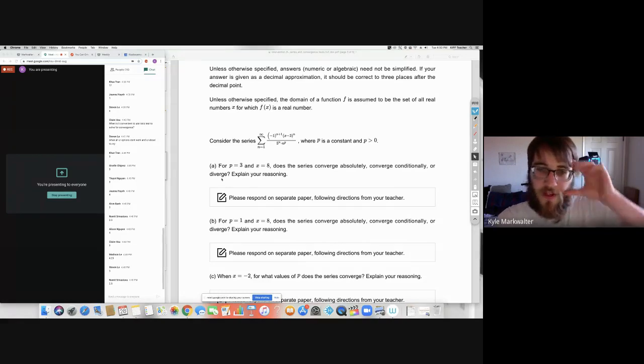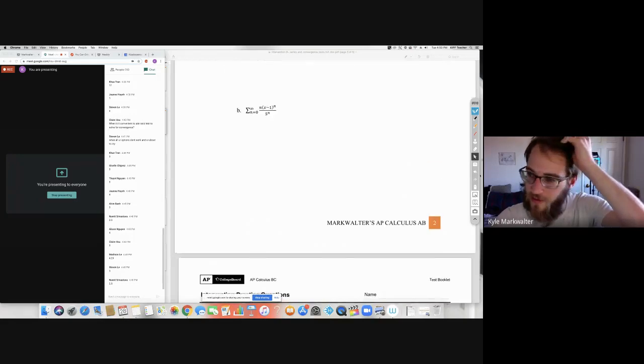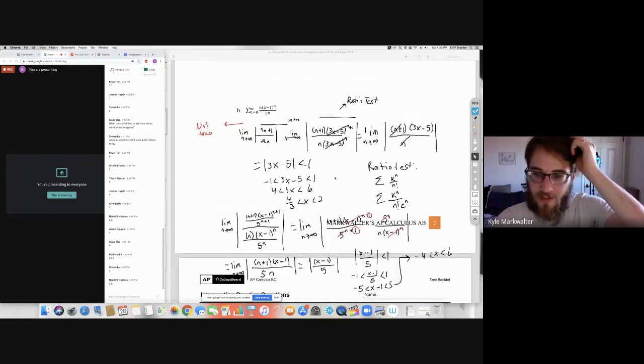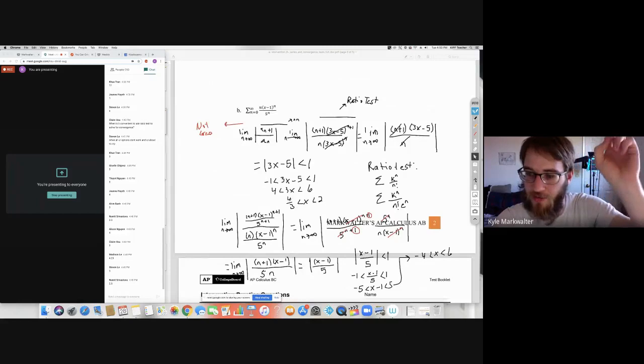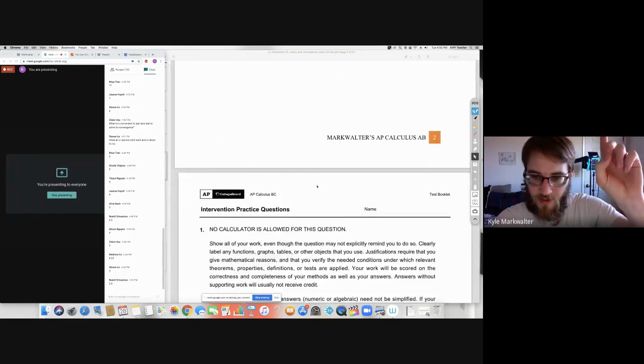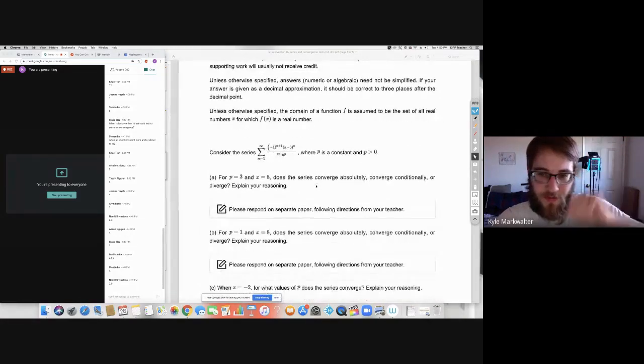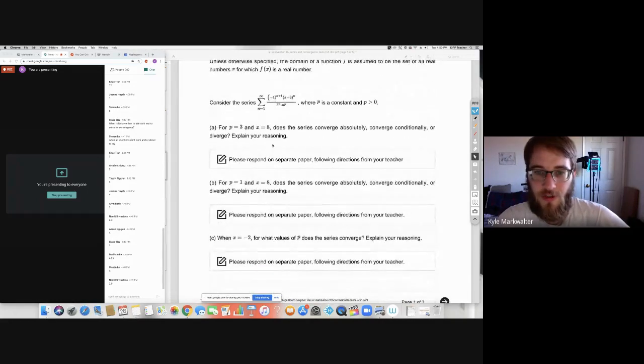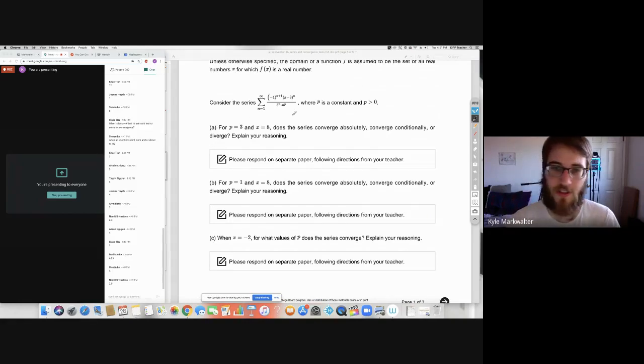Now, the great thing about the ratio test is that all that stuff we were just doing, as you might be able to tell, is actually checking absolute convergence, because we're taking the absolute value of things. What I would like you to do is part A. For p equals 3 and x equals 8, does this series above converge absolutely, converge conditionally, or diverge?